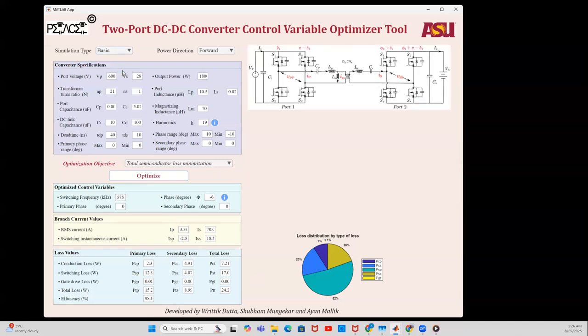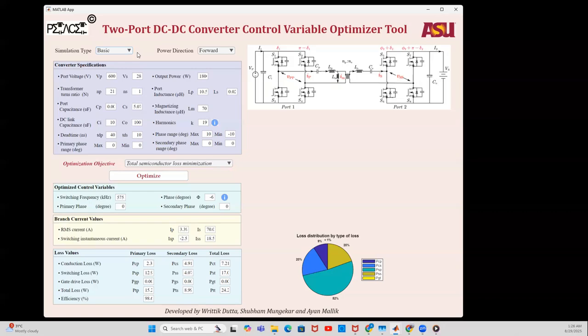In this particular case, we have removed the functionality for semiconductor loss input and semiconductor parameter inputs. This is slightly easier to run as well as understand.